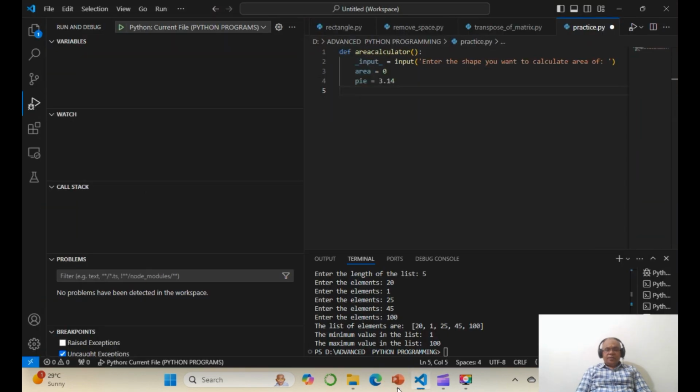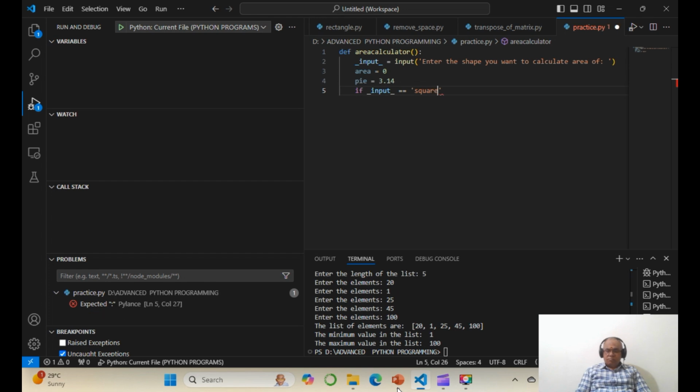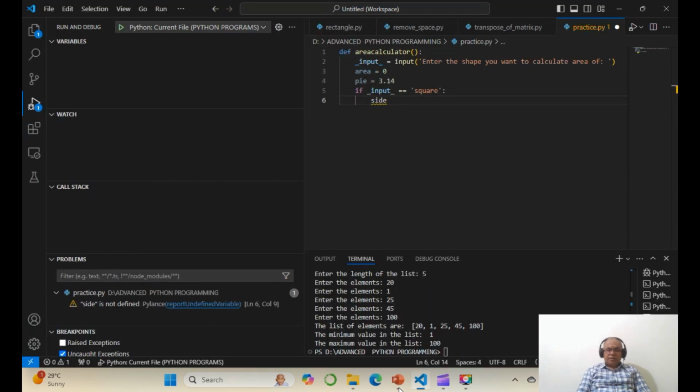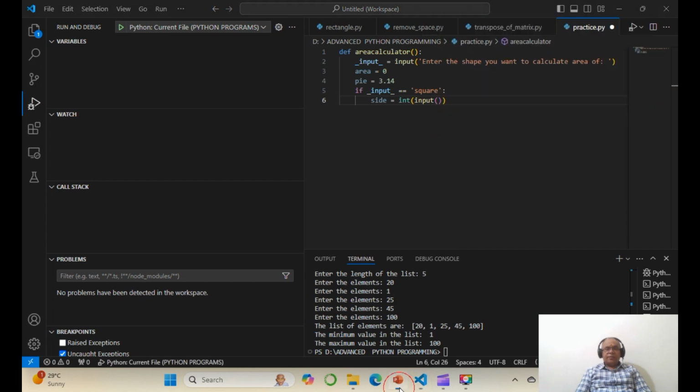Next, if shape_input double equals square. If this condition is true, side equals int input, enter the side of the square.